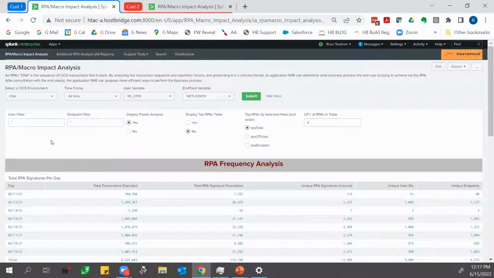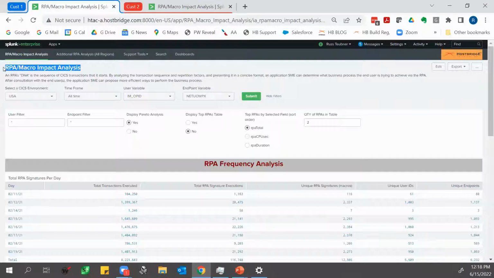So in this dashboard, we title it the RPA, or macro impact analysis. This is certainly one of the more compelling dashboards, but it's not the only form of analytics we do with the SMF data. But it tends to be the one that captures the imagination of our customers the most and helps them see actionable problems that they can fix today or tomorrow or next week.